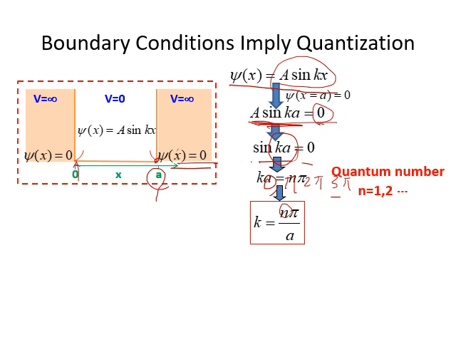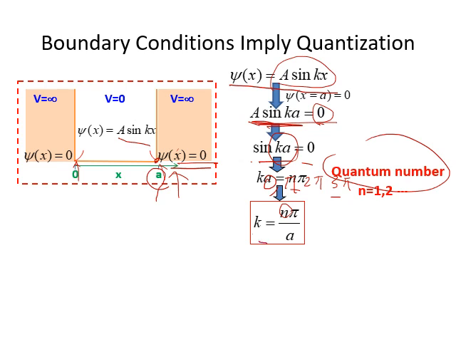Okay, so you see the quantum number here, 1, 2, 3, 4, comes naturally due to the boundary condition. When the wave function meets the boundary condition, it has to go to 0, and the solution is a series of numbers, and that induces the quantum number 1, 2, 3, 4.